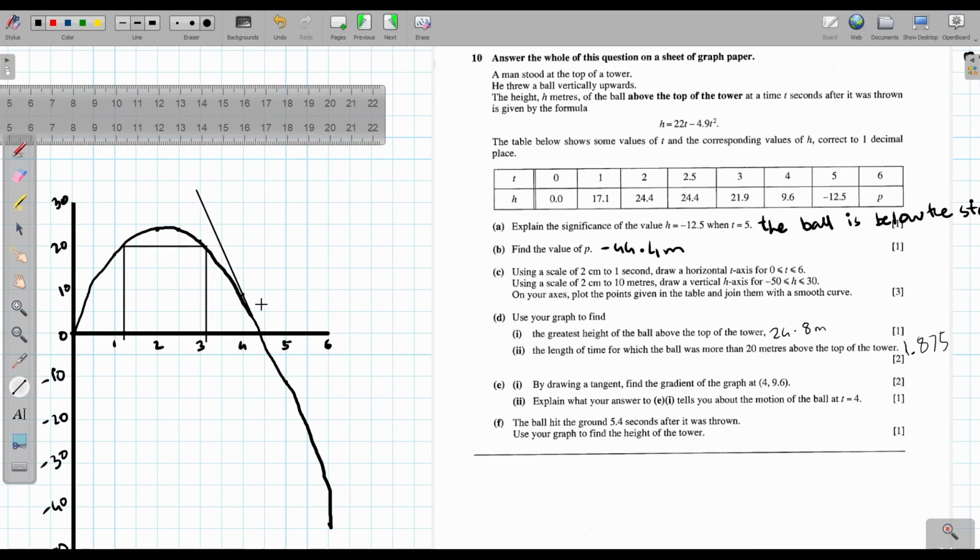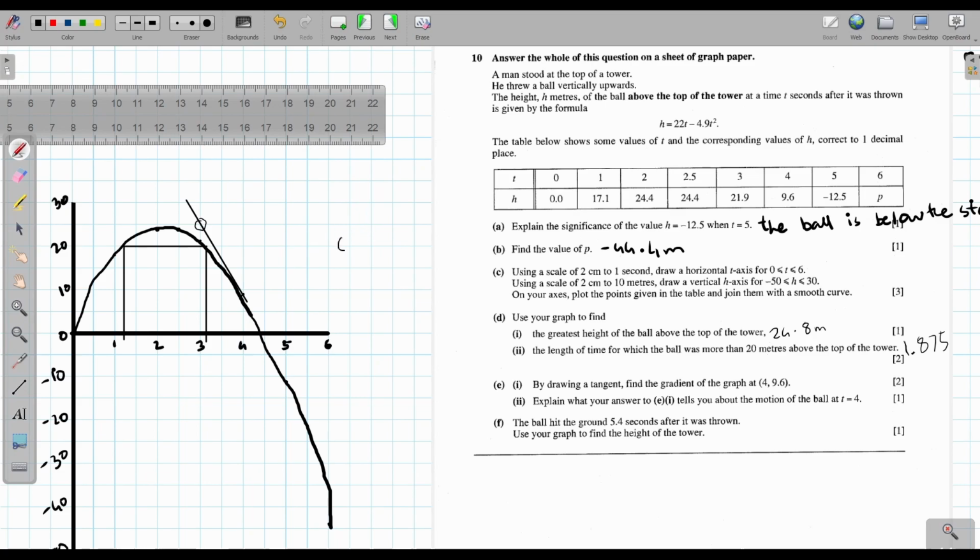Yeah, maybe I draw the tangent a little bit different, perhaps. I think it would be more like this, because a tangent just needs to touch the one point that you want it to touch. I think that's a good tangent because it also gives us a very good value over here.